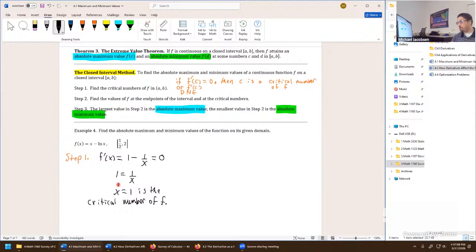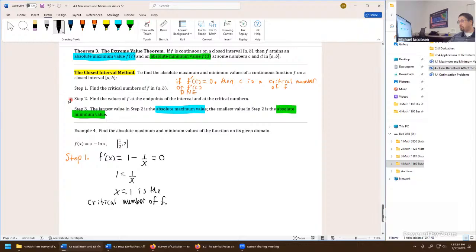Okay, of the function f, or just f for short. So this is the one spot where the derivative goes to 0. There's no spots where the derivative fails to exist because that would happen when x is 0, but 0 is not even in the closed interval here, so we don't hit this part of the critical number definition. Nonetheless, we'll keep checking every time that comes up to make sure we never miss anything.